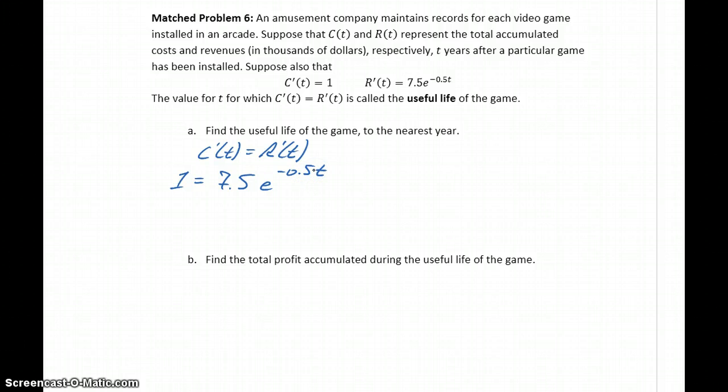and then solve for t. So we'll start by dividing both sides by 7.5, which will give us 2/15 equals e to the negative 0.5t. Taking the natural log of both sides, natural log and e will cancel each other out, leaving us with just negative 0.5t.